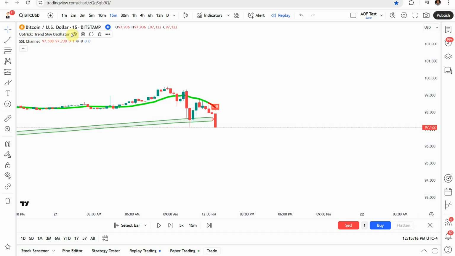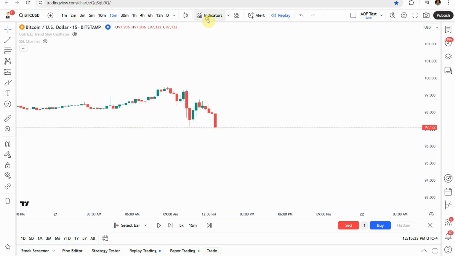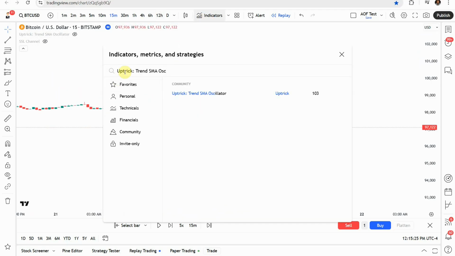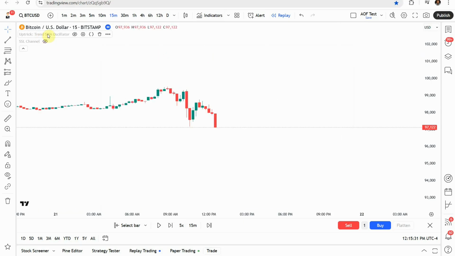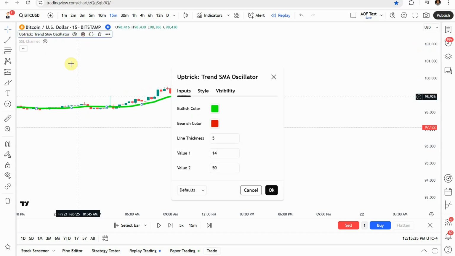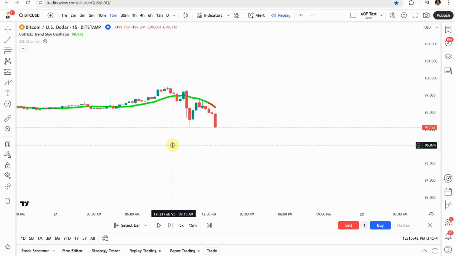And so now that I've rambled on about that, let's just go ahead and hide the two indicators we have on screen now. The first indicator we will add to the screen is going to be the uptrend SMA oscillator. This one right here. Go ahead and click on that and add it to the screen, and we will jump into the settings of this. Actually, all the settings of this one stay on the default settings.